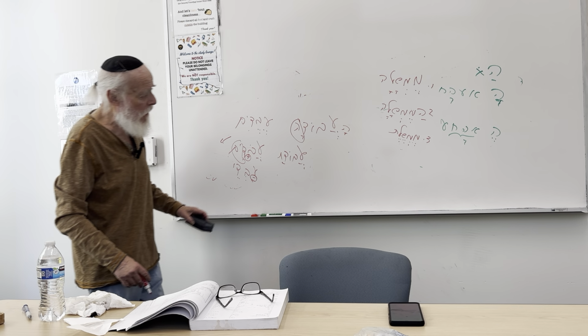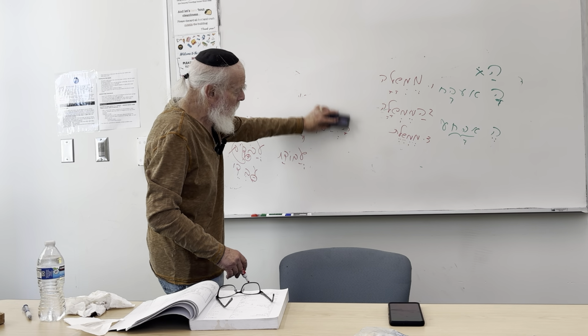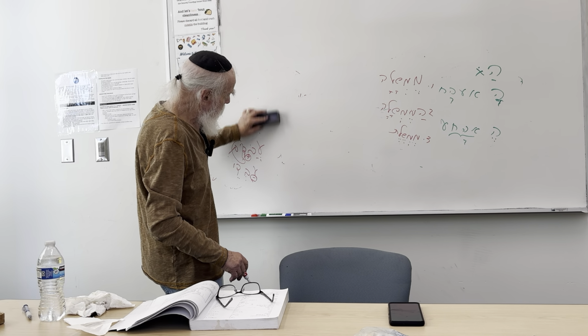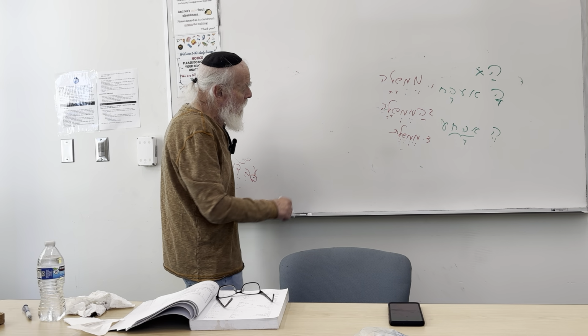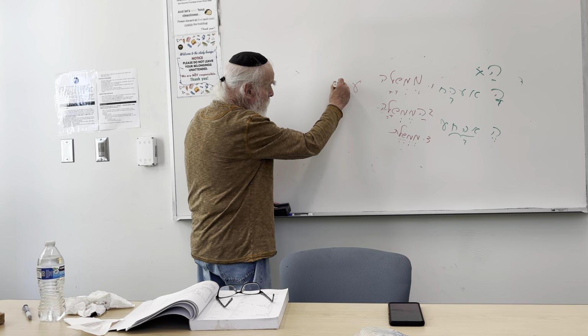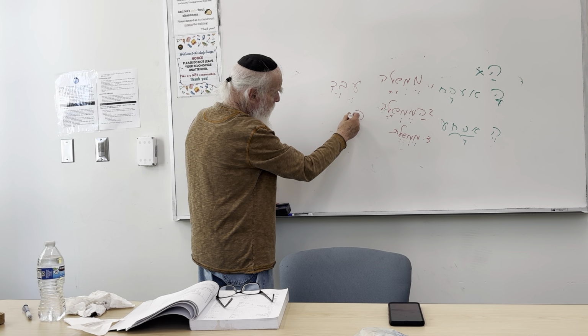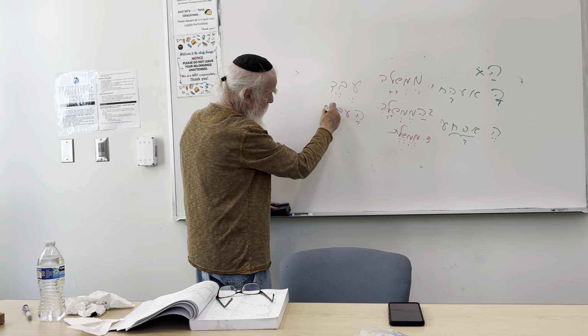Let's try it again. Let's just do it properly. I'll take the word Eved by itself. Eved is the absolute form of the word. Ha-Eved is the definite state.